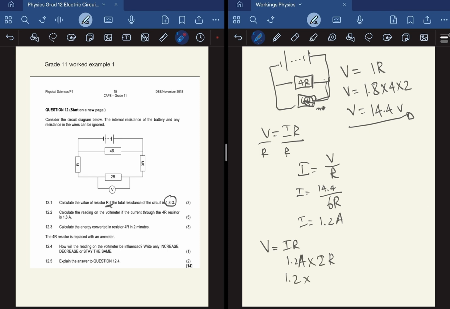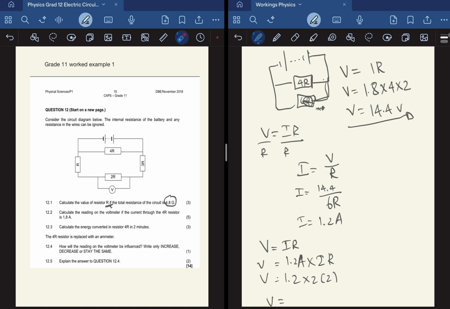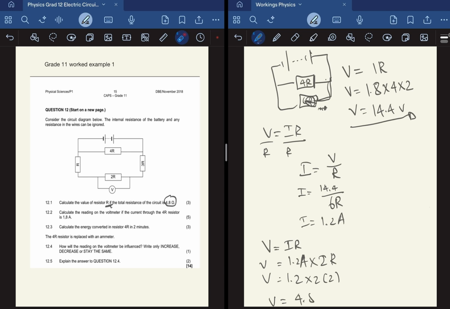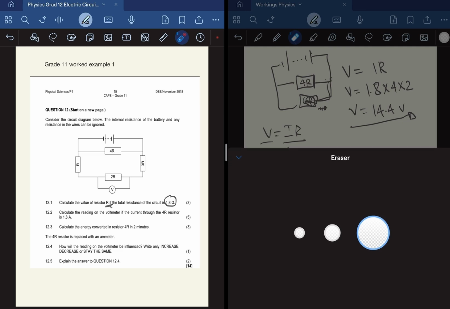So it's going to be 1.2 times 2 times 2, and your voltmeter reading would be 4.8 volts. That's how you get to your answer in 1.2. Right, moving on.